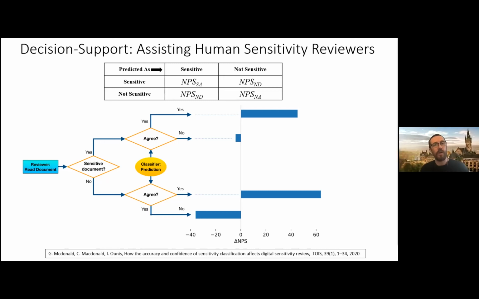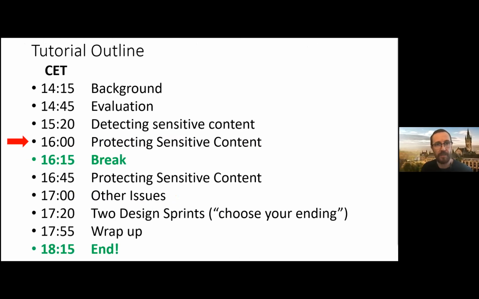So although we've improved the review speed overall, it is worth looking in future at when we should actually show a reviewer a particular sensitivity prediction. What's the likely impact of that prediction? And Doug will go and talk about something similar in the next part of the tutorial.